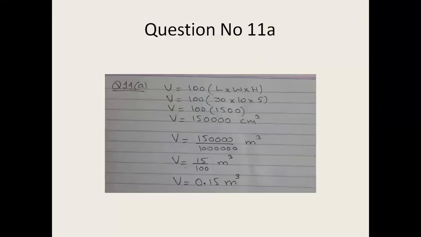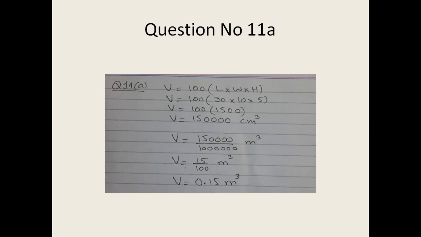So volume of the 100 boxes will be 100 multiply length multiply width multiply height. That will be 100 multiply 30 multiply 10 multiply 5. So it will be 100 multiply 1500, and that will be 15 and 4 zeros, so 150,000 centimeter cube. I want to convert it into meter cube.